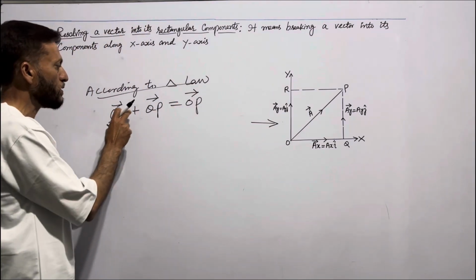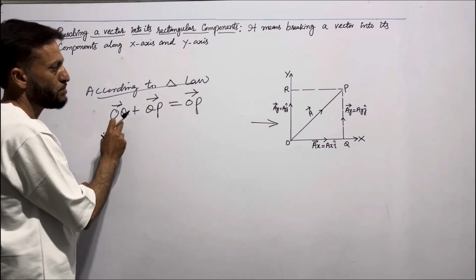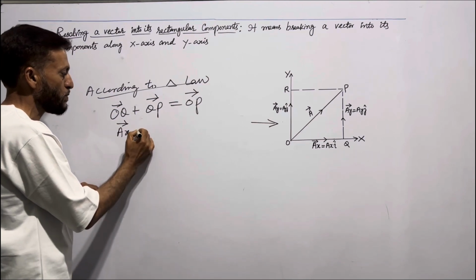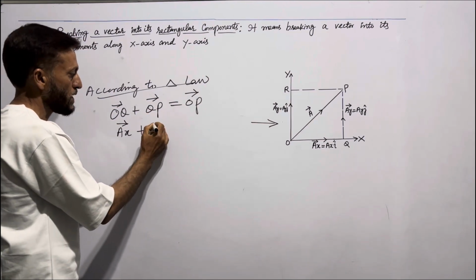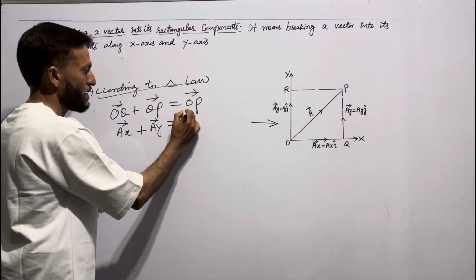So according to triangle law, we have OQ plus QP is equal to OP, but OQ equals to vector AX, X component, QP equals to AY, Y component, and OP is equal to vector A.